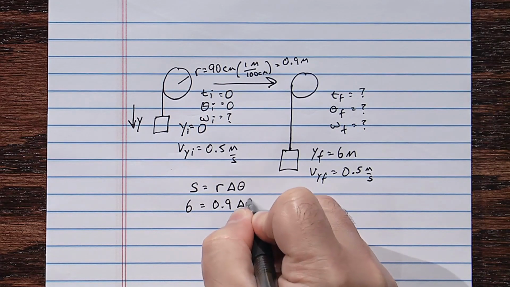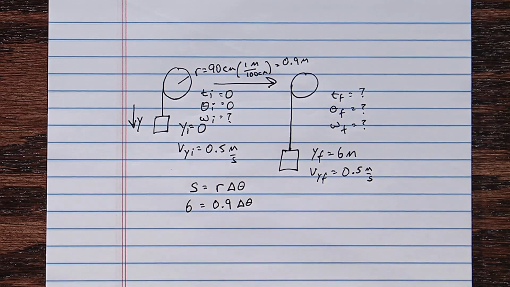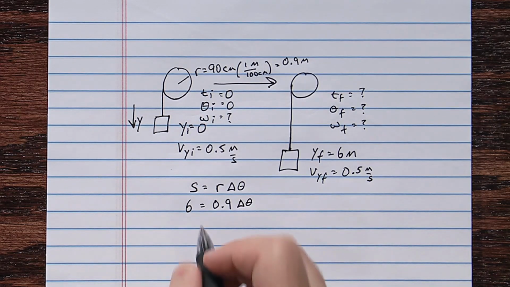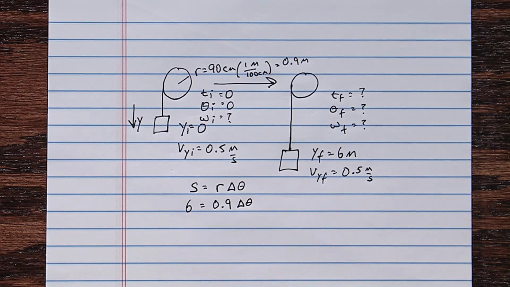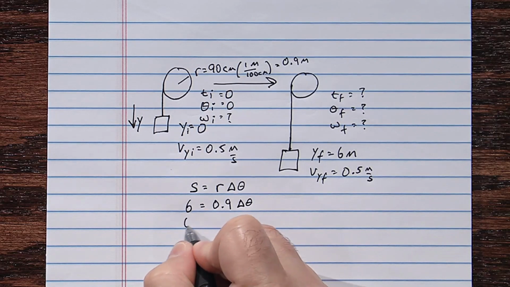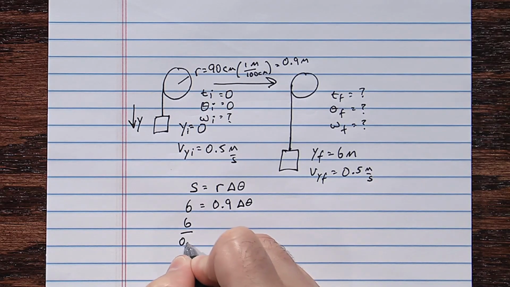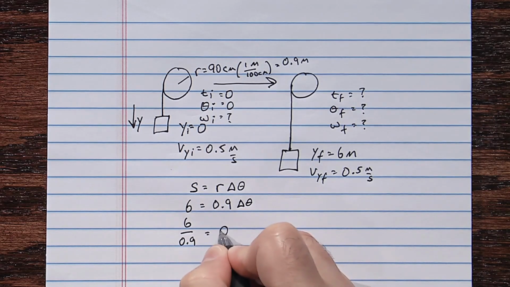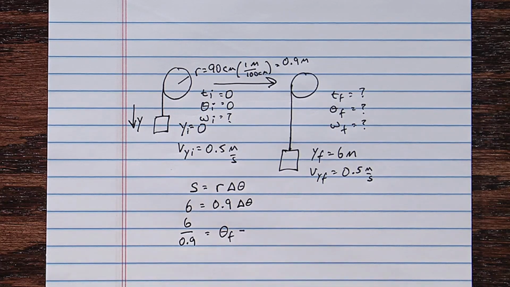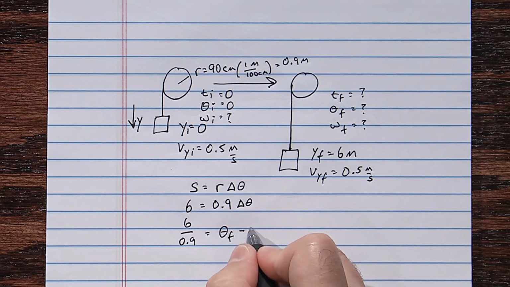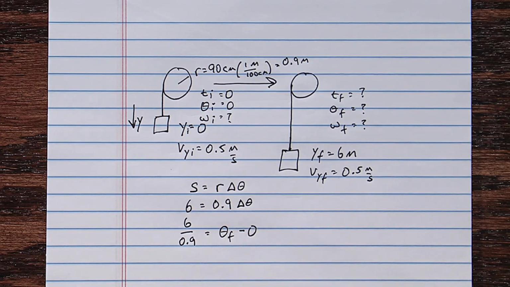And delta theta is theta final minus theta initial. I'll divide both sides by 0.9. So 6 divided by 0.9 is equal to theta final minus theta initial, which is 0.